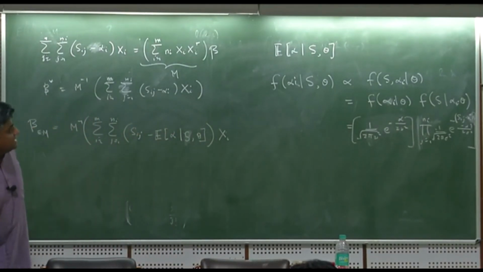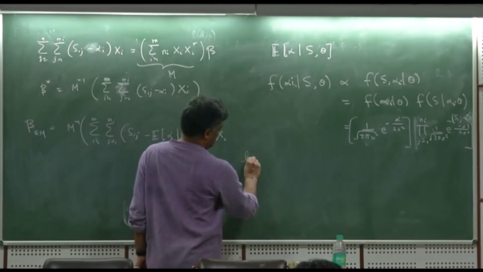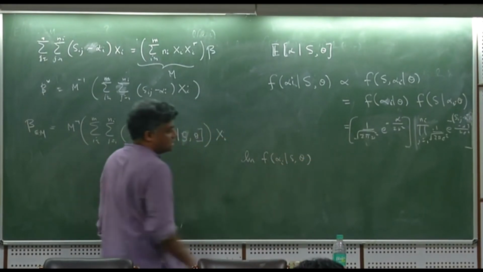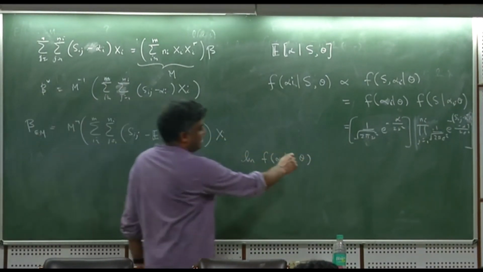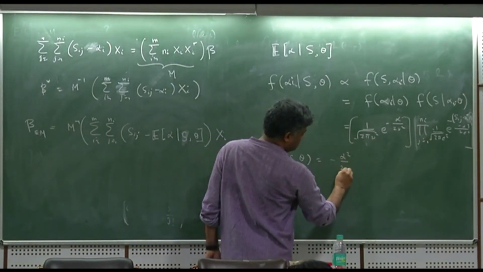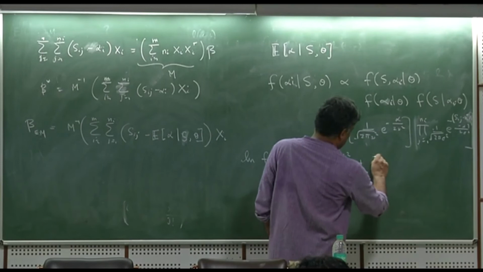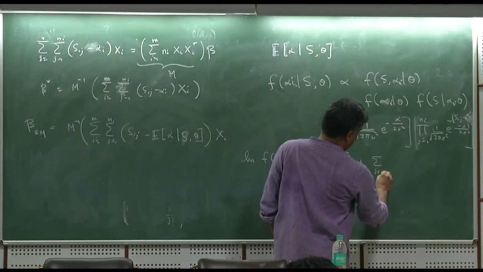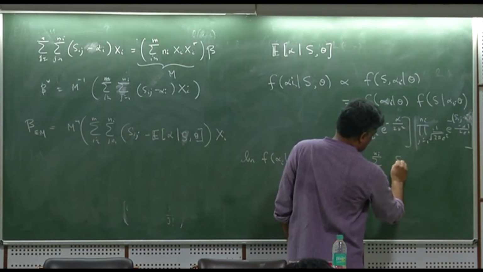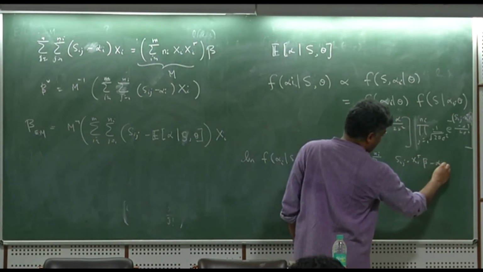Now that looks like a messy distribution. Let's take the log of that, and that's there in the solution as well, and I'll tell you why this will be interesting. Suppose I take the log of that, and let's not worry about the constants. You will get minus alpha squared over 2 nu squared from this term, plus you will get the summation of j going from 1 through ni of Sij minus xi transpose beta minus alpha, squared over 2 sigma squared.